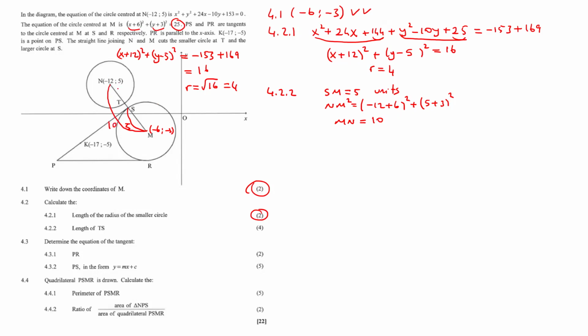This is 10 units. So what is the radius of the circle with M? 5, and for the circle with N, the radius we found was 4. So you can see that NS will be equal to 10 minus 5, which is 5, and PS will be equal to 5 minus 4, which is equal to 1. Okay, 4 marks: 1 mark for substituting into the distance formula, 1 mark for finding MN, 1 mark for finding SM is 5 units, and 1 mark for the answer.